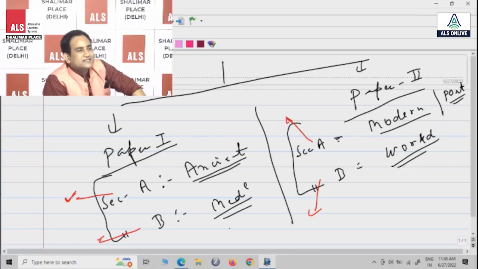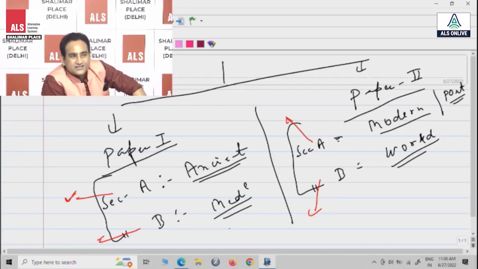Are they asking simple questions in general studies? No. Even the questions are not simple in general studies. So remember, you have to prepare ancient, medieval, modern, post-independence and world history for general studies also. So, for optional also you are doing it. Is it fine now? So, paper 1, ancient and medieval.